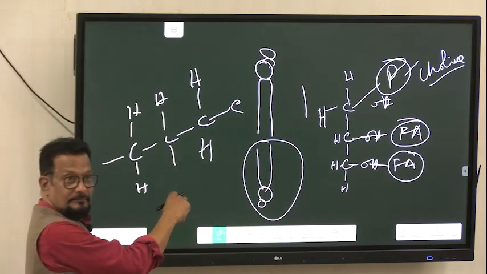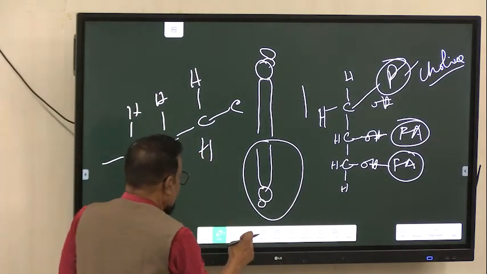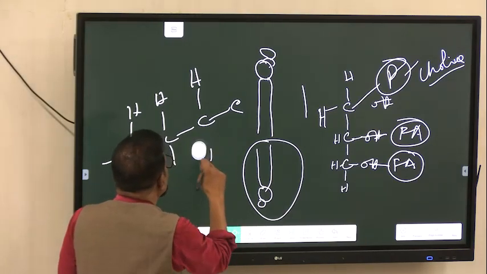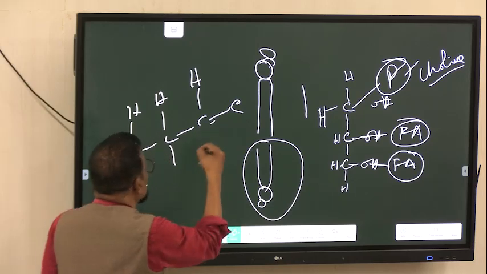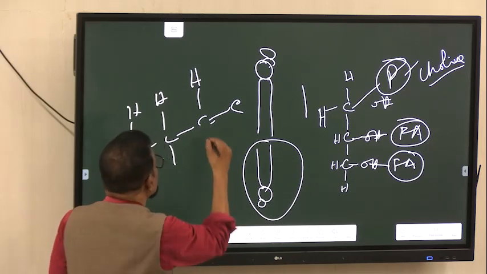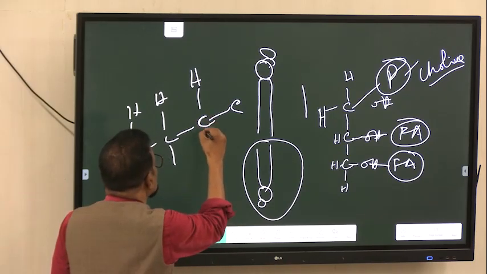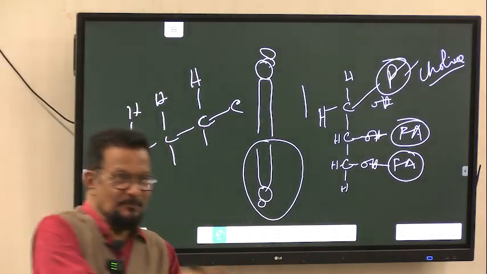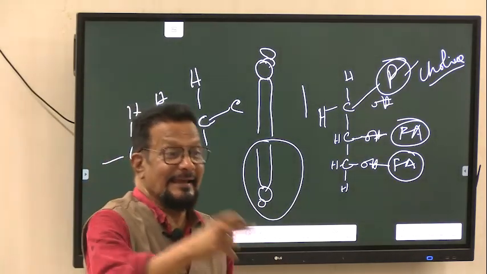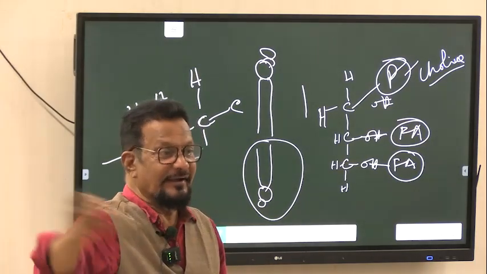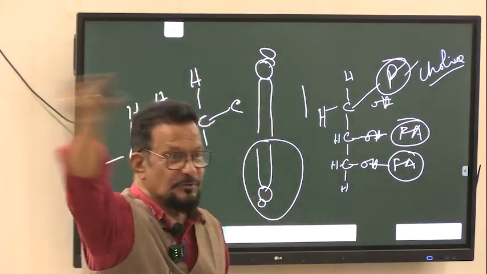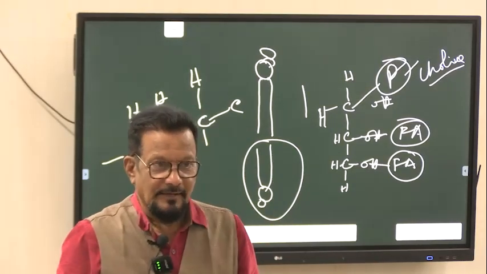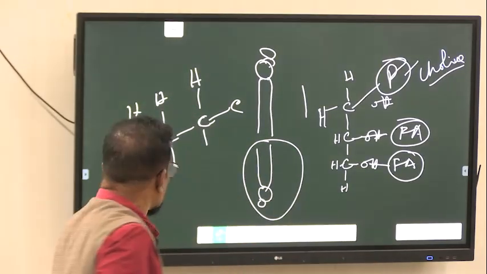I remove this hydrogen atom and also remove this. Two hydrogen atoms are not there. Somebody has taken them away, NAD or FAD. There is dehydrogenation, so because of that, hydrogen atoms are removed from there.